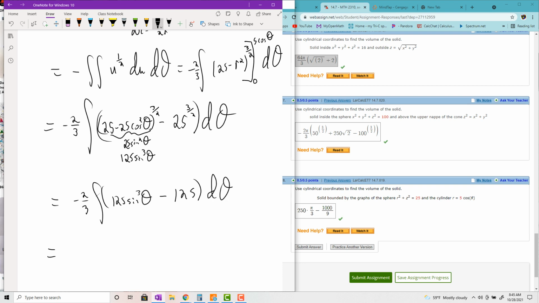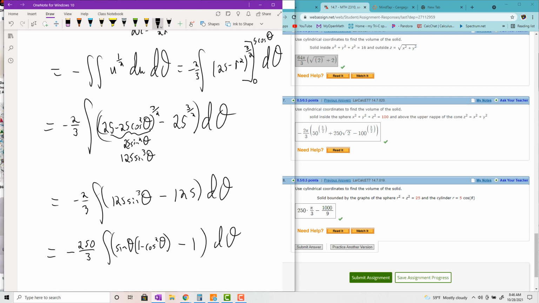And then you factor out the 125 times 2, which is, I believe, 250 over 3. And then you have the integral of sine cubed, which you can rewrite as sine theta times sine squared theta. Sine squared theta is 1 minus cosine squared theta. Then minus 1 d theta.